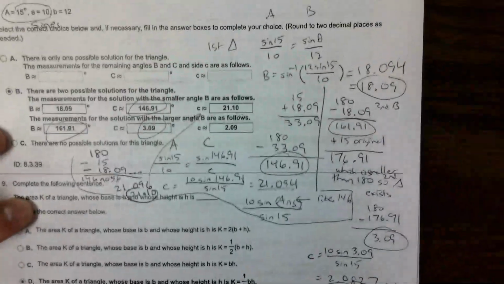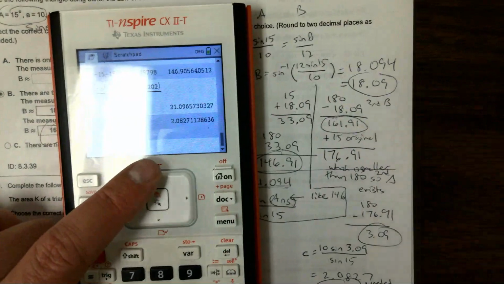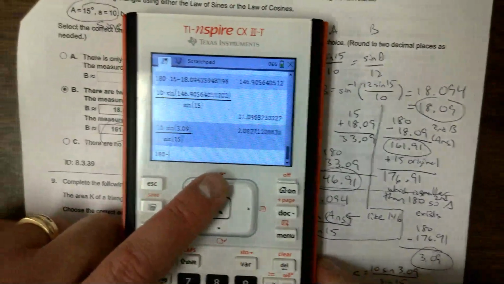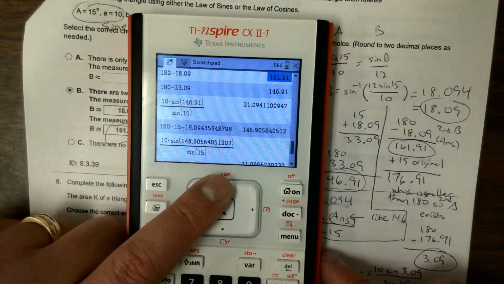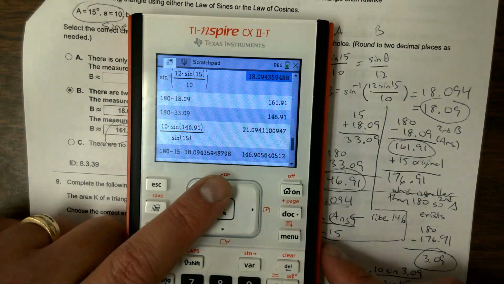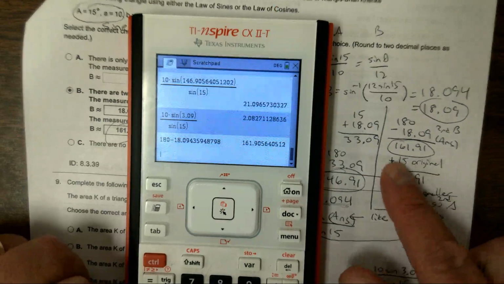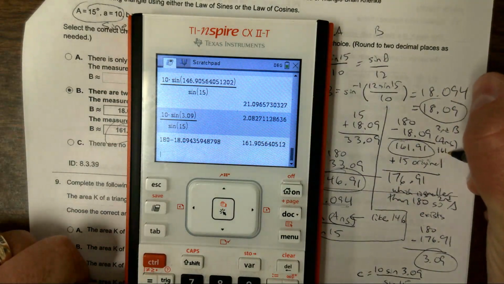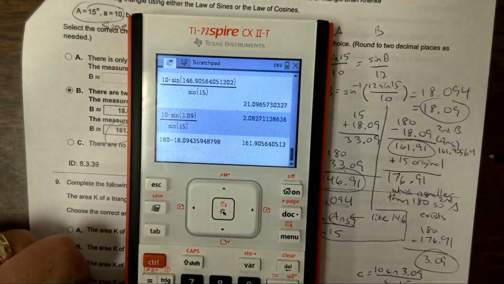We needed to do 180 minus the original 18, which should have been like an ans button. Find the 18. There it is. That gives us 161.90564.